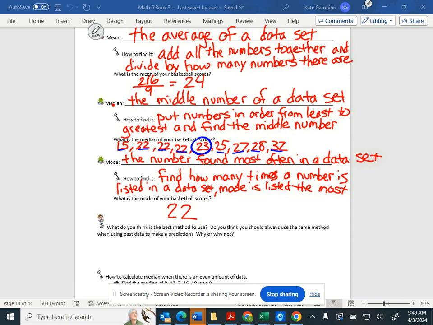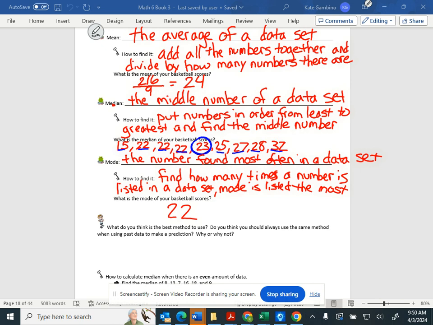What do you think, Zelda? I'm thinking, well, I don't really have an option. They're all pretty good. But I use mean, but I shouldn't use the same method because it can sometimes be the wrong answer. You can get different answers.